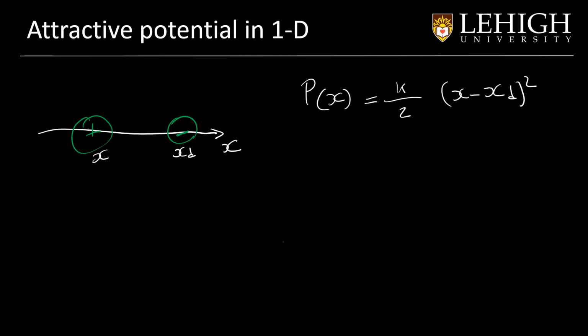If we want to plot that, we will have something like this, where we plot x versus the potential field, and our desired location will be here.